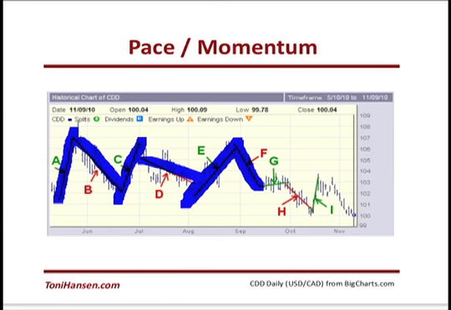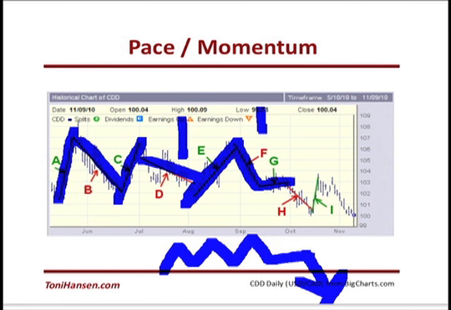So we have this change in the overall momentum that begins to confirm between E and F, and it further confirms with G, where it does that type of action where I drew it, had that trading range, hugged the lower end of the range, and then broke lower. So this can give you one type of short just as that congestion breaks lower. Now we'll look at some of the other setups that take place within this action in a little bit, but this is just one of them coming out of G.